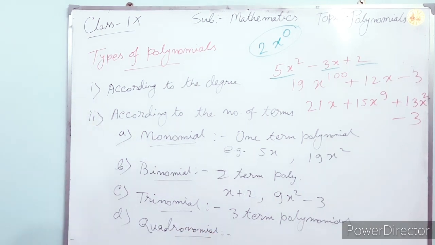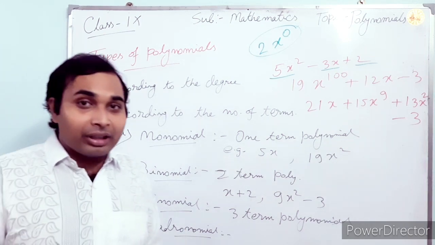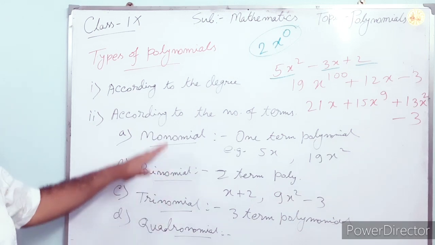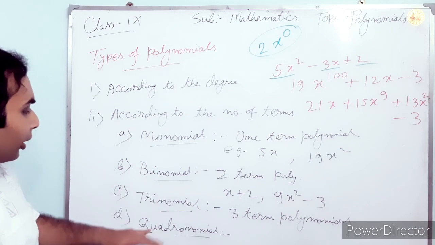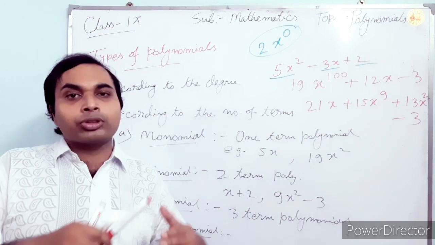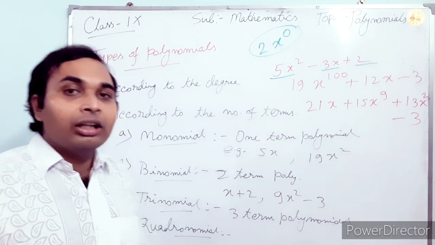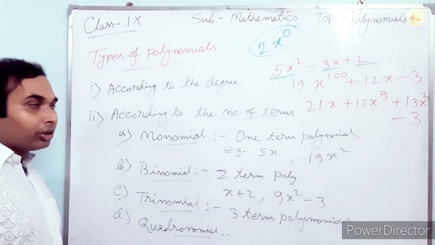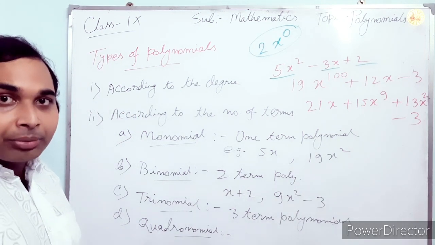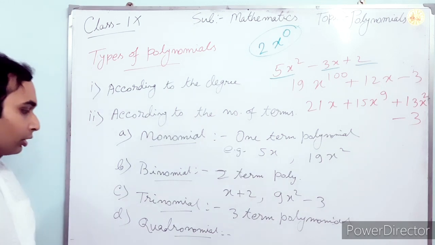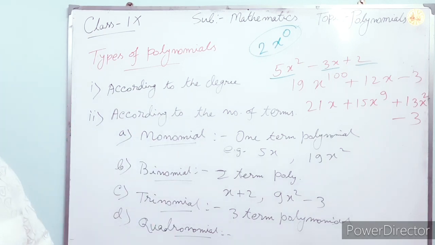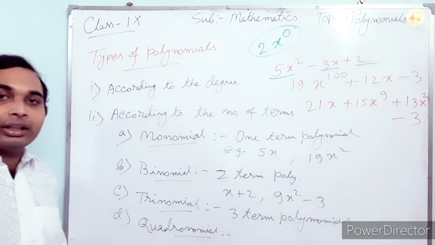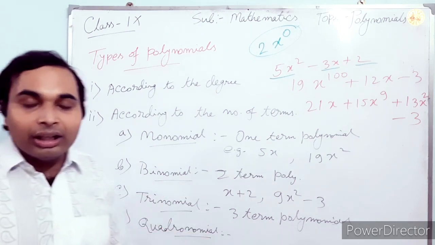Actually we can name like this: quadronomial, pentanomial, hexanomial, we can name like this, but up to trinomial we make the divisions in this way, monomial, binomial, trinomial, and more than 3 terms are all called in general the polynomials. So quadronomial, pentanomial, nothing like that is there in mathematical terms actually, though we can name them. So up to trinomial there are the divisions; from 4 terms up to infinite terms, those are called the polynomial.